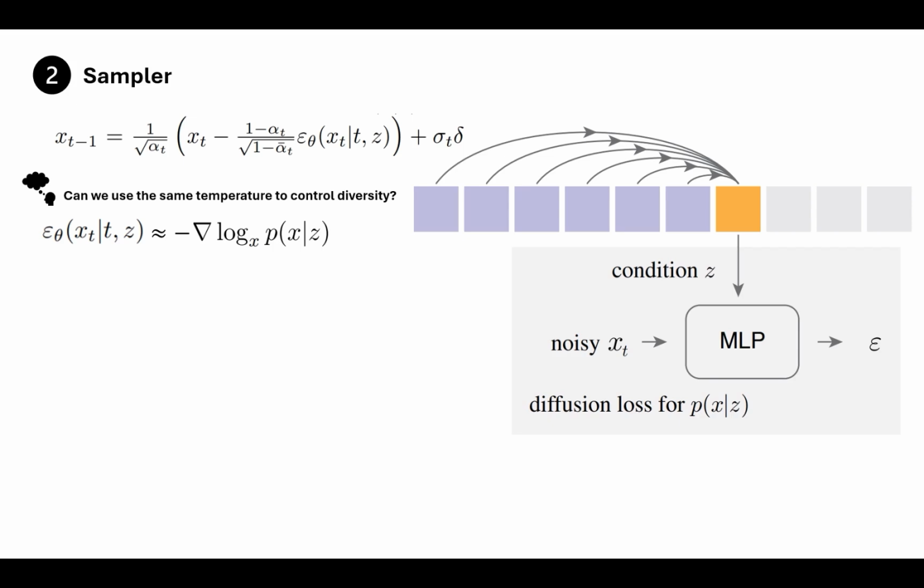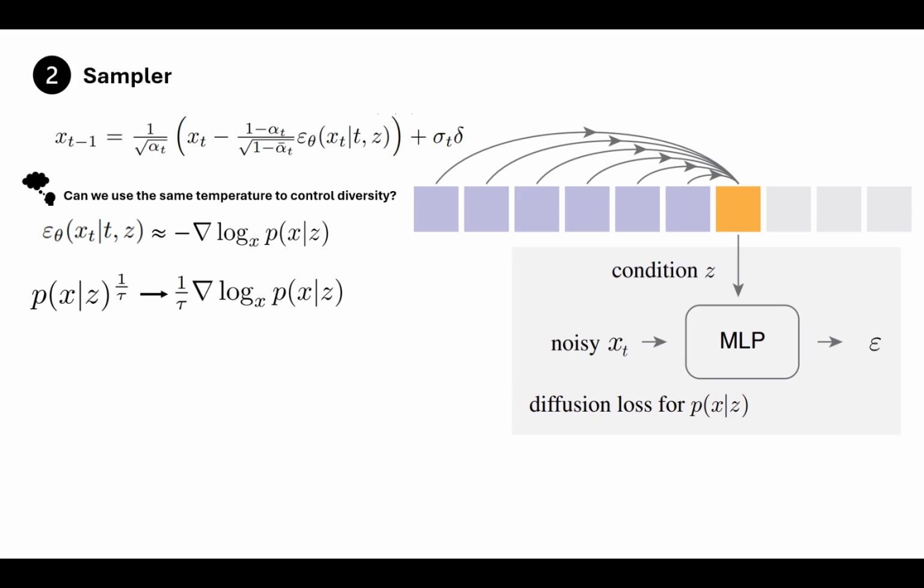And having this in mind, we can insert the temperature into the conditional probability we have by using 1 over the temperature as the power of this probability. But we have the gradient of log of probability, so we can take the log and the power goes behind the log, and then take the gradient and we have this thing.